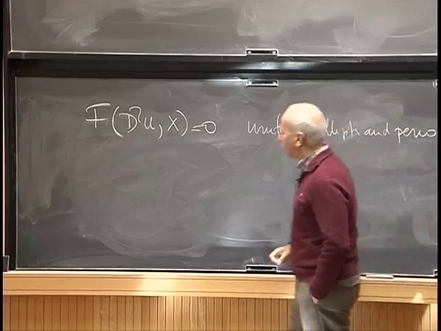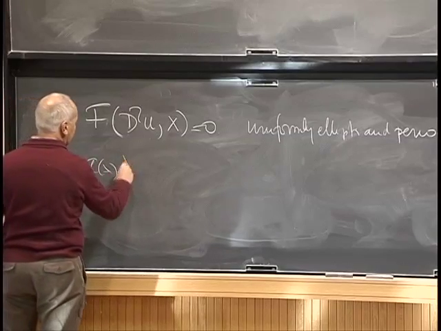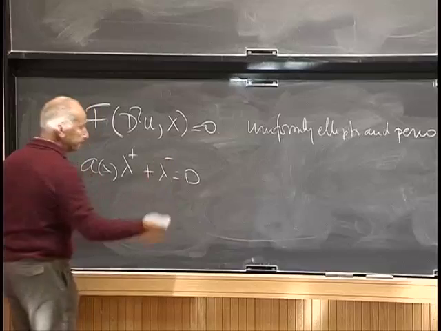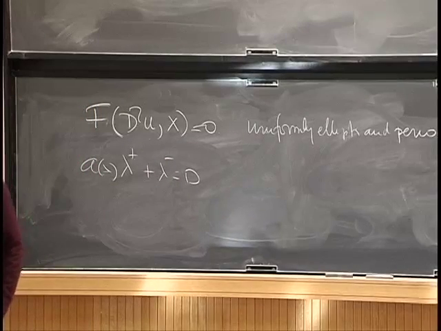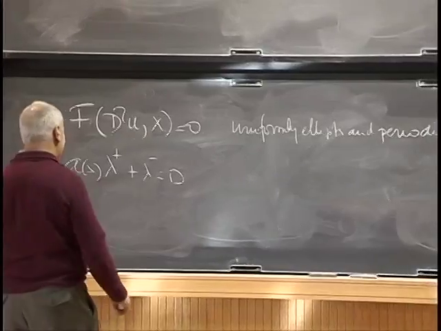For instance, you can think of a of x lambda plus lambda minus equal to 0, where a of x is 2 plus cosine of x.